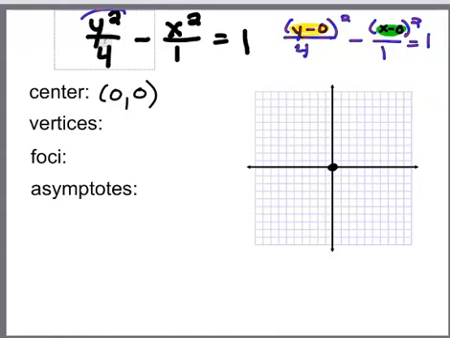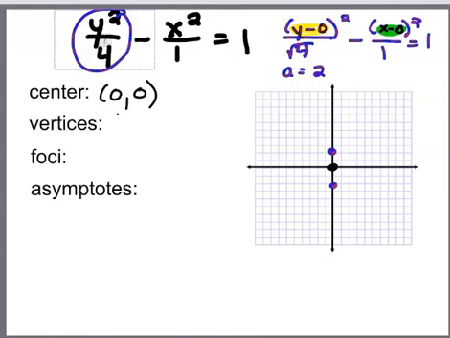Our vertices come from here. So y is up, down. That's where our vertices are going to come from. It's going to be the square root of 4, which is 2, so a is equal to 2. All that means is we go up 2, down 2.